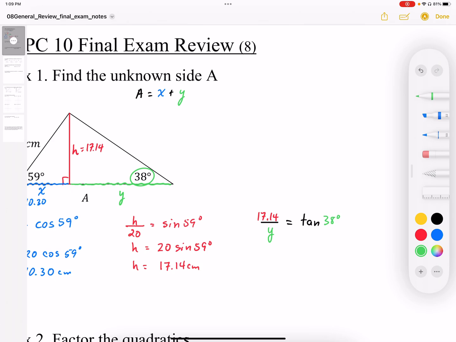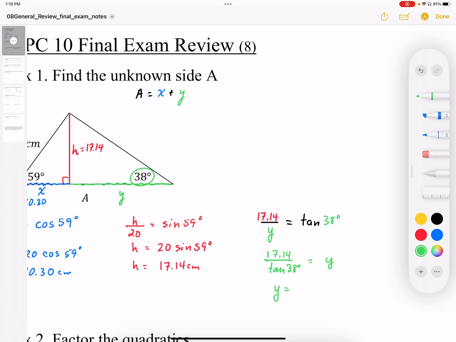Again, I'm going to cross multiply this, and I end up with 17.14 over tan of 38 degrees, and that's going to be equal to y. To solve for y, I can multiply both sides by y and then divide to get rid of the tan, or I can just cross multiply and get it in this way.